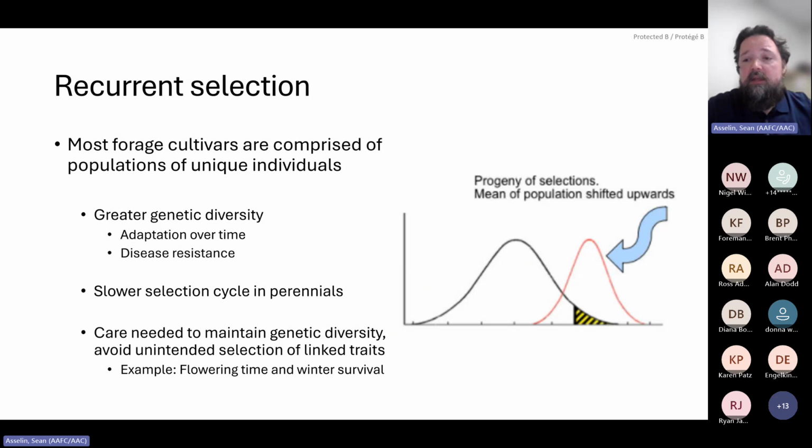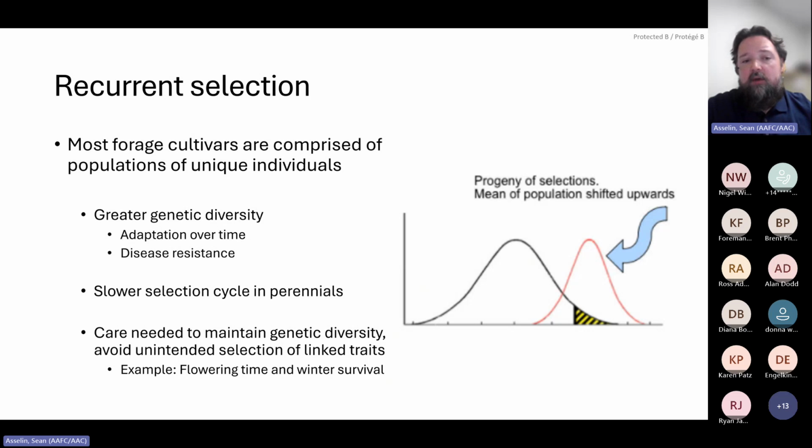Something like wheat is highly inbred across the whole genome, so in a field of wheat you're looking at genetically identical individuals across the whole field. This is different in an outcrossing species like most of our native forages or a lot of our conventional forages, where we have greater genetic diversity.